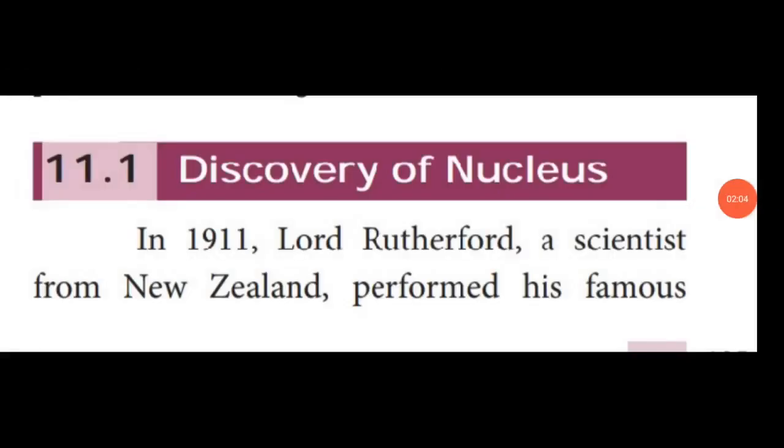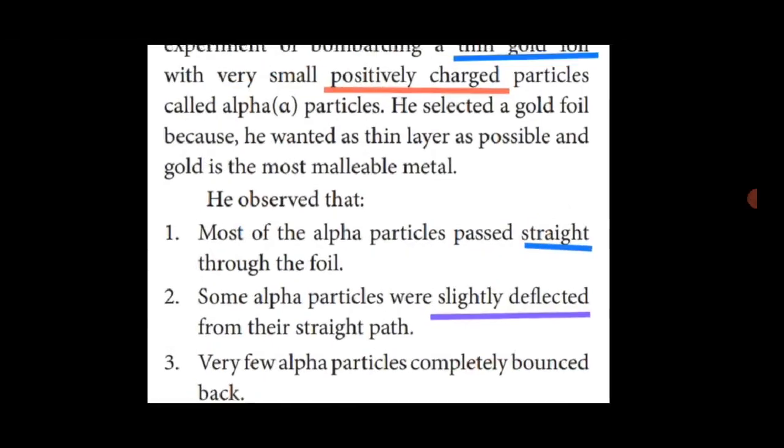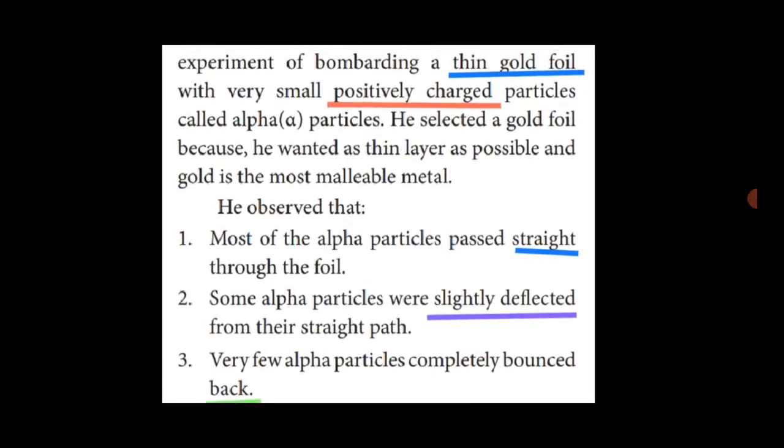The first topic is the discovery of the nucleus. In 1911, Lord Rutherford, the scientist from New Zealand, performed his famous experiment of bombarding a thin gold foil with very small positively charged particles.